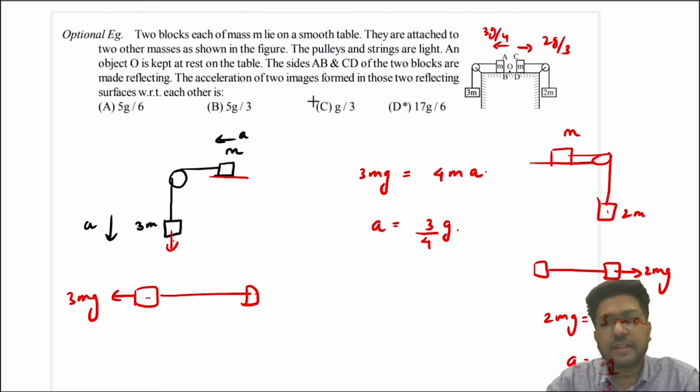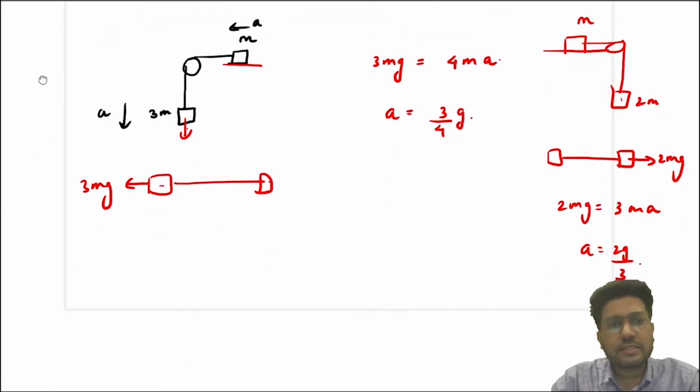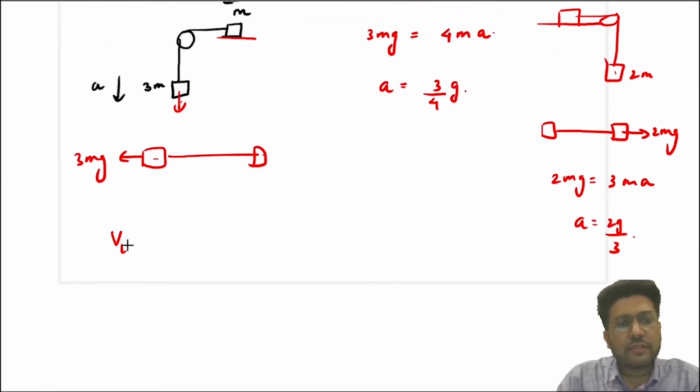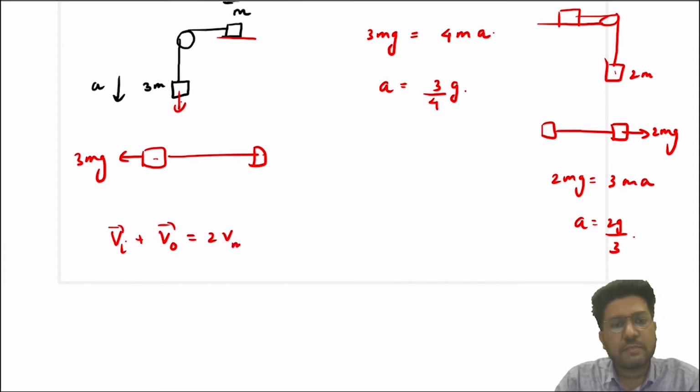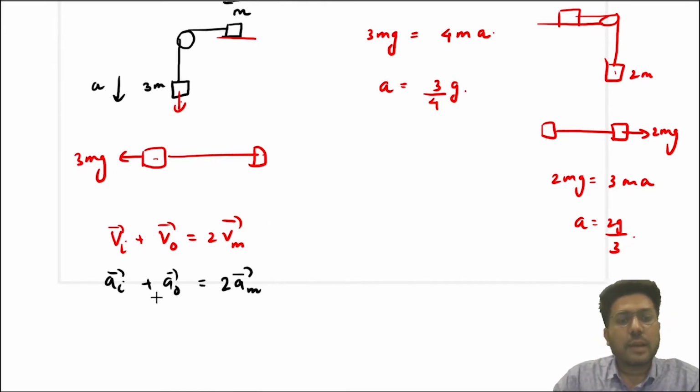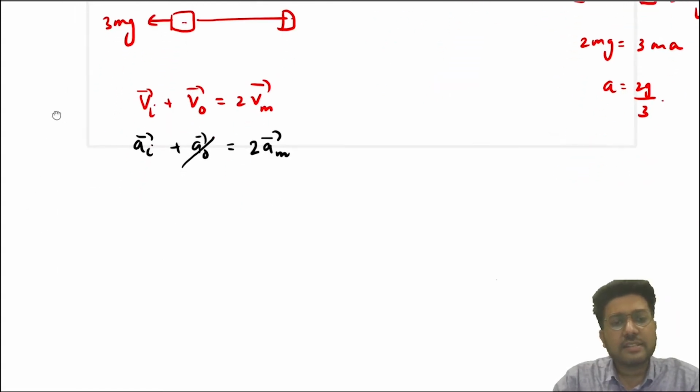All right, so now we know that velocity of image plus velocity of object is 2 times velocity of mirror. When you differentiate this, you will get acceleration of image plus acceleration of object is 2 times acceleration of mirror. Now in this case the object is at rest, so the acceleration of the object is 0.